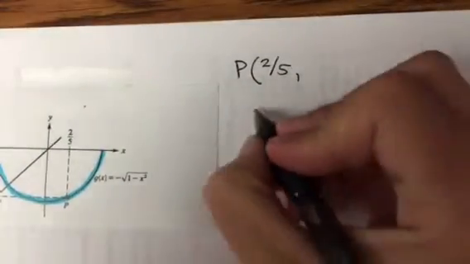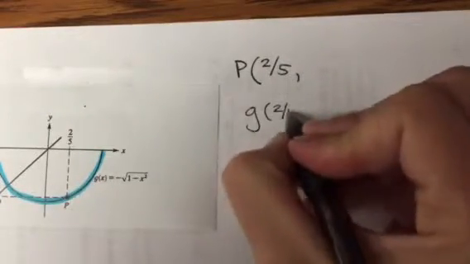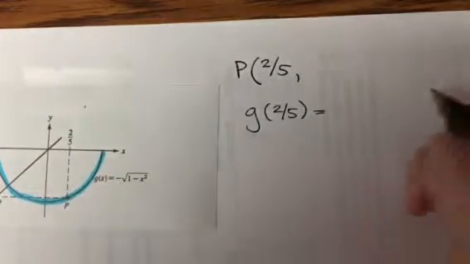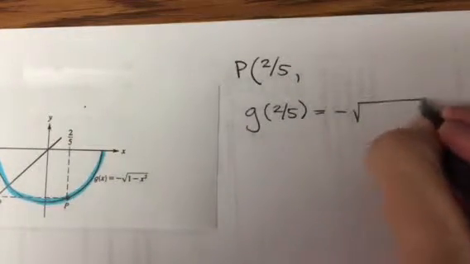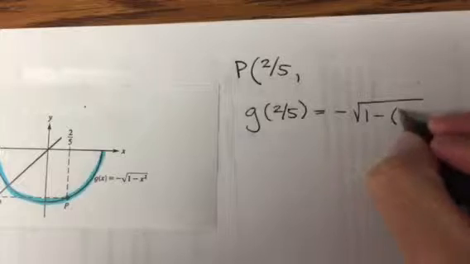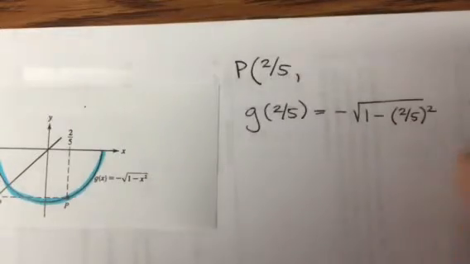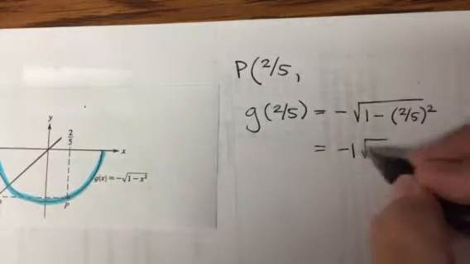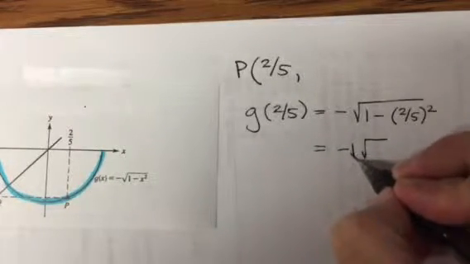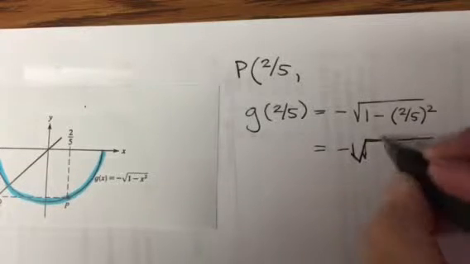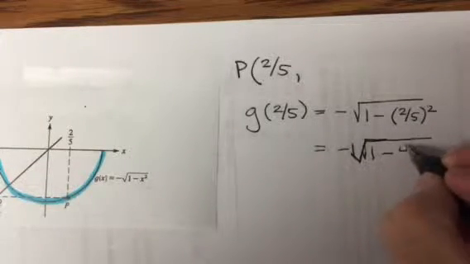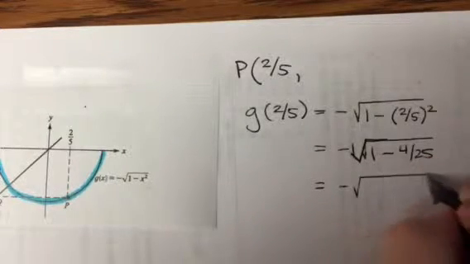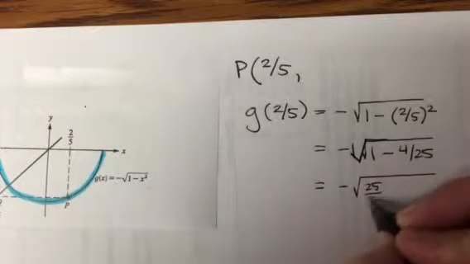So to find the y, I'm going to do g of 2/5. I'm going to plug it into the equation that we have P associated with. So we've got negative square root of 1 minus 2/5 squared. And I'm just going to do all of this math. One minus 4/25, negative square root of 25/25.